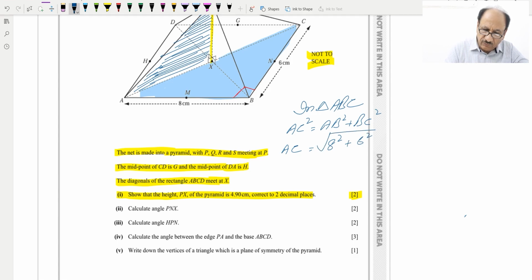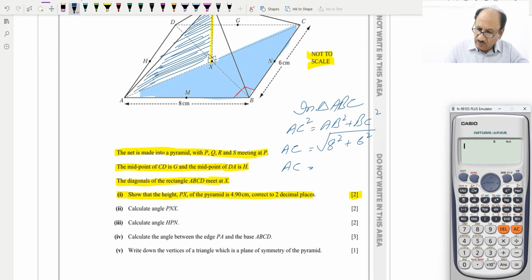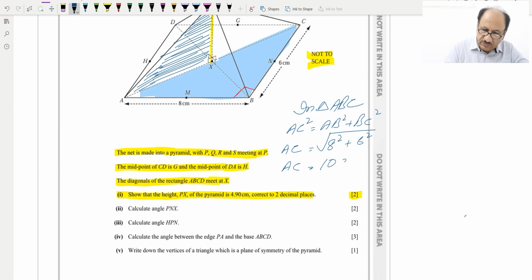We can use calculator for this calculation. So square root of 8 square plus 6 square is equal to 10. So this will be 10 centimeters. This is what we found, AC.